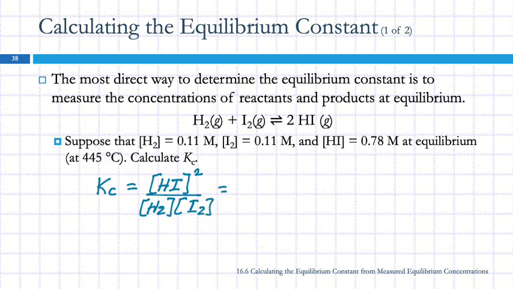And then we're just going to plug numbers in. So HI concentration is 0.78 molar. So we have 0.78 squared divided by the concentration of hydrogen times the concentration of iodine.